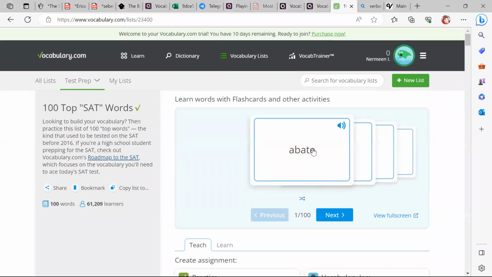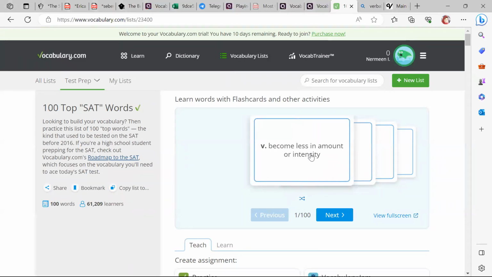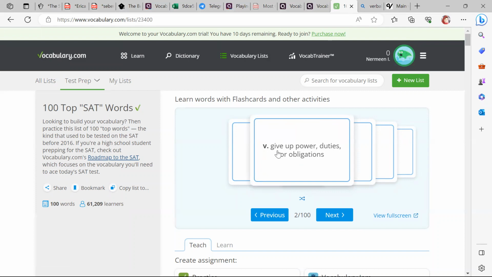You can find flashcards: abate, become less in amount or intensity, and you can go for the other one, and it is here, abdicate. You will find the pronunciation and also the meaning: give up power, duties, or obligations.